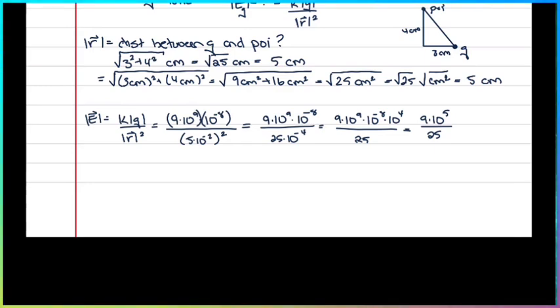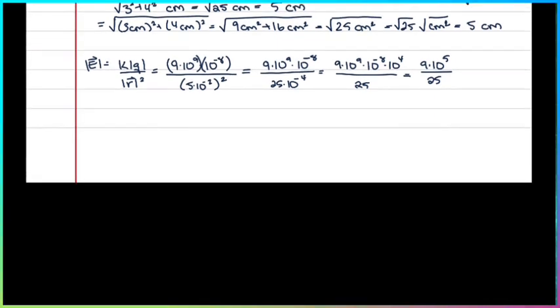I could whip out a calculator at this point, but I could also just intuitively ask, what is this number essentially close to? If I were to approximate this, what is it close to? If I whip out the calculator, I get 3.6 times 10 to the 4. Fine. But 9 is essentially 10, so this is approximately 10 times 10 to the 5 divided by 25.